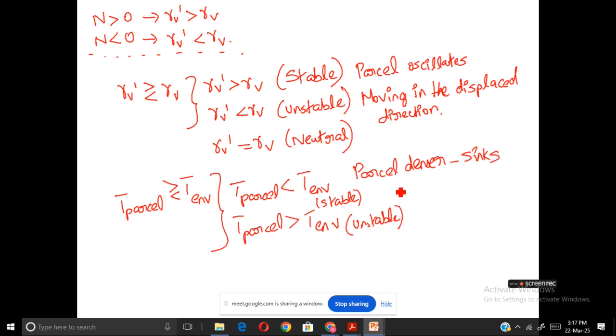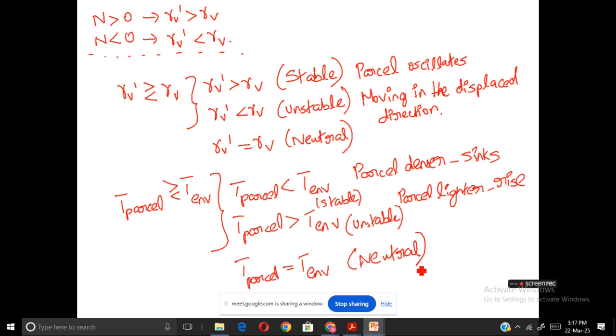In this case, the parcel is warmer, so it will be lighter or less dense, it will rise. And the third case is the temperature of the parcel is equal to the temperature of the environment. That case is neutral. So based on the value of n, the value of lapse rate, and the value of temperature, we know how we can define stable, unstable, and neutral atmosphere, or neutral conditions.